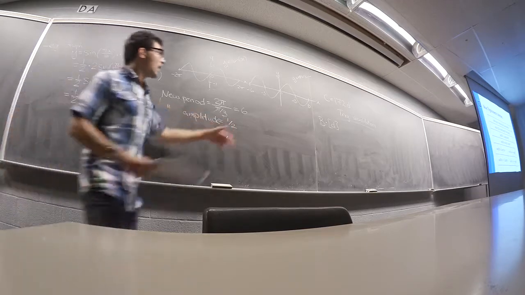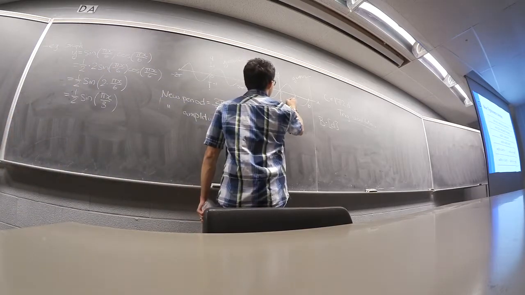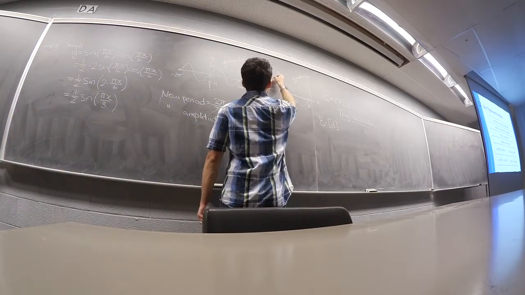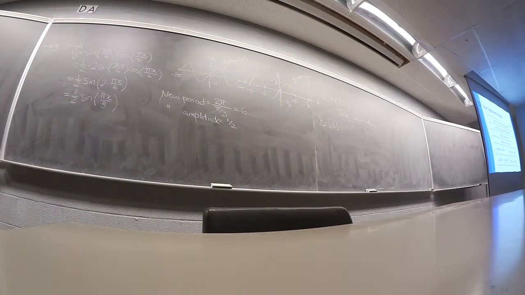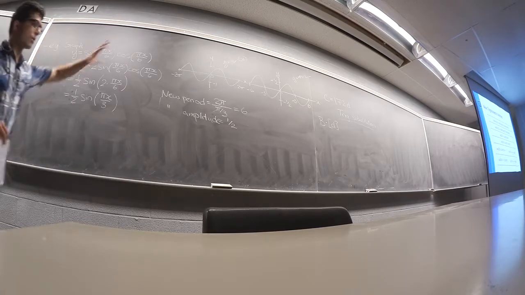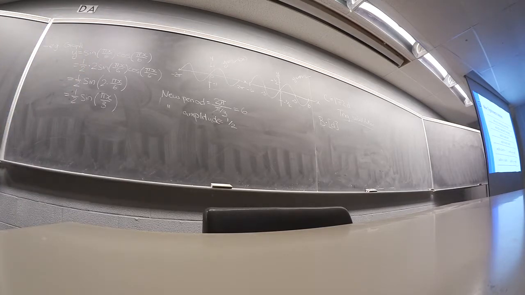And the amplitude is 1/2, so that's -1/2, and that's +1/2. And that's it. If there was a minus sign in front, then you'd flip the whole thing. And if there were shifts, you'd do the shifts.